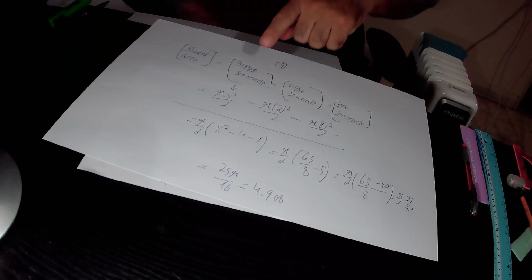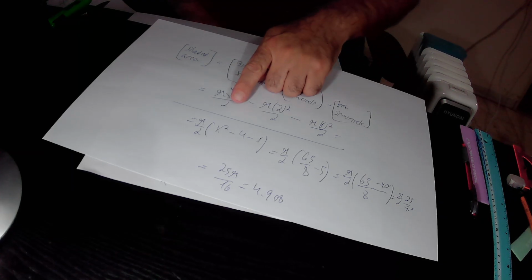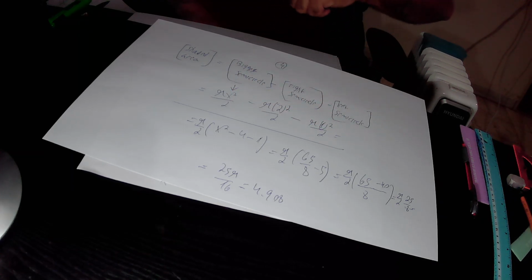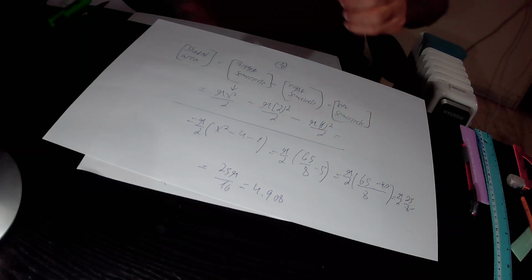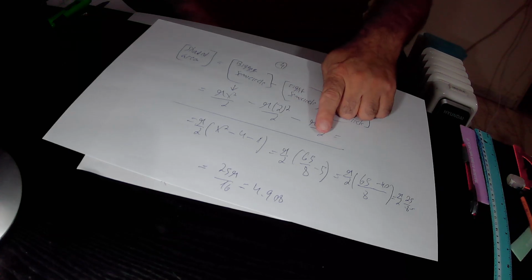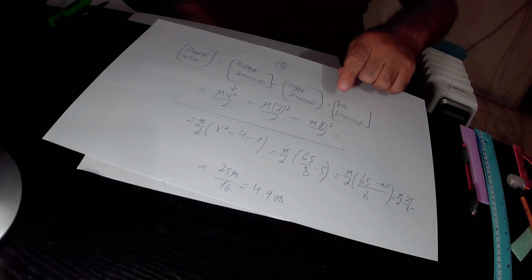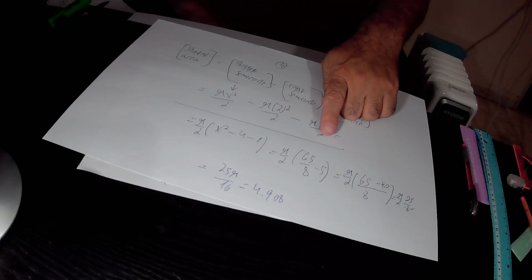X squared equals to 65 over 8, so we substituted x squared by 65 over 8. And minus 4 minus 1 is minus 5, so the value of the shaded area equals to pi over 2 times 65 over 8 minus 5. So here we multiplied minus 5 by 8 and then we divided by 8 in order to have a common factor with this number.